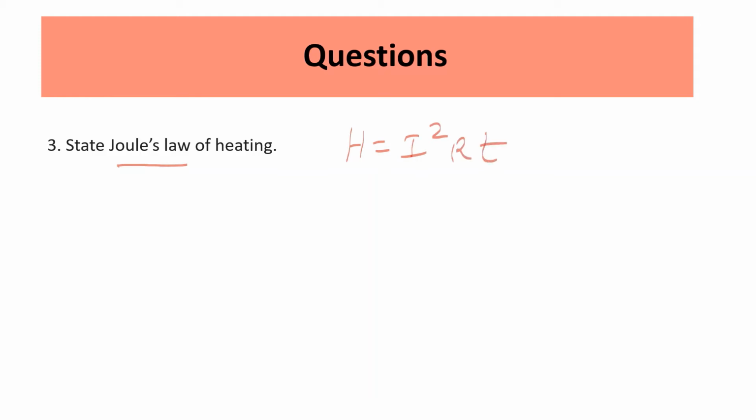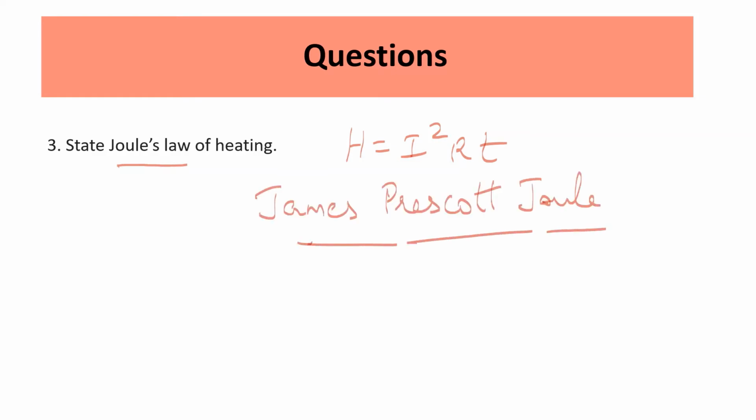It is the rate at which the resistance in a circuit converts electric energy into heat energy. An English physicist, James Prescott Joule, discovered this law. It is named after this scientist who discovered this.